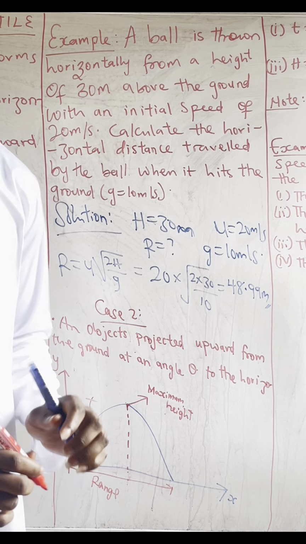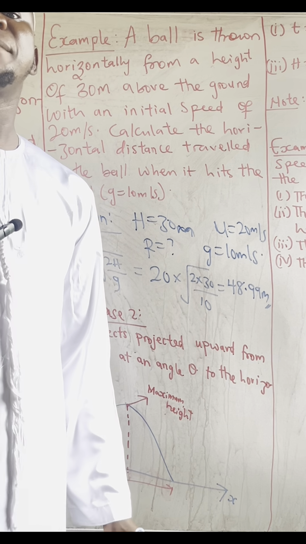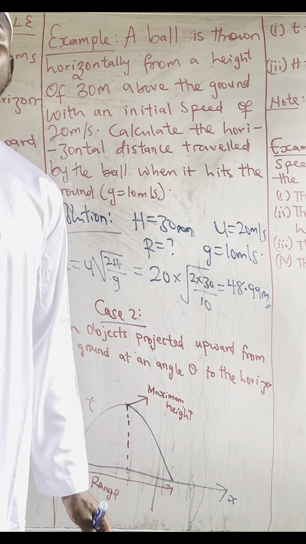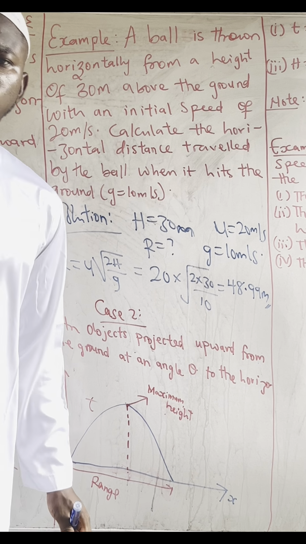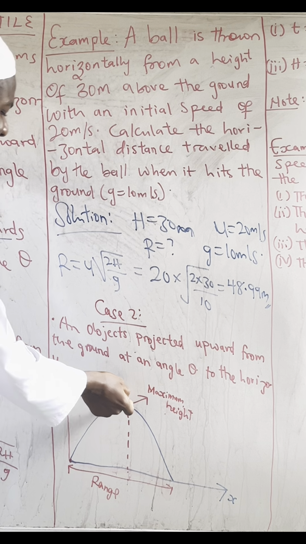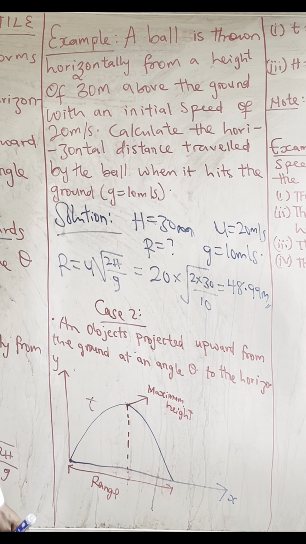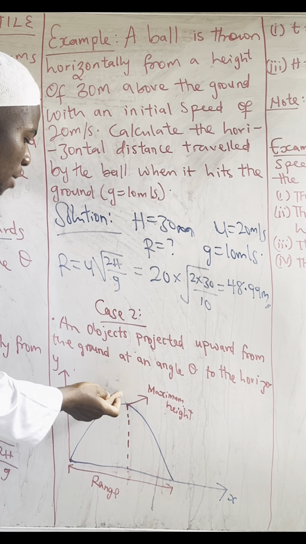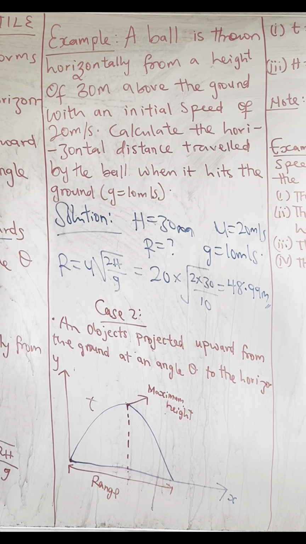So guys, from the knowledge of kinematics in one dimension, when we are talking about an object projected upward, you have to know that the time taken for an object to reach the maximum height will also be the same time for the object to move from that maximum height back to the projection plane.